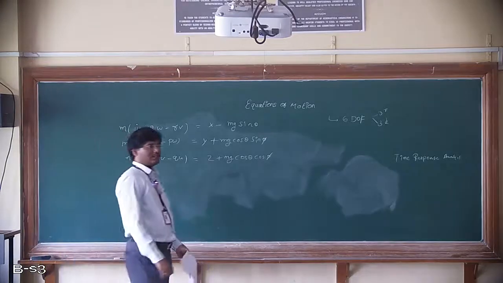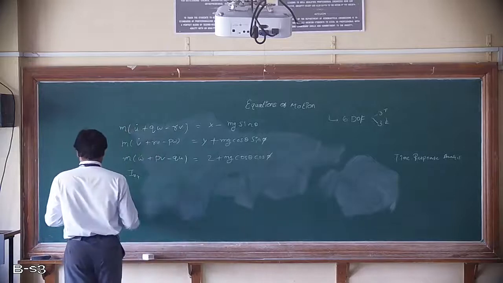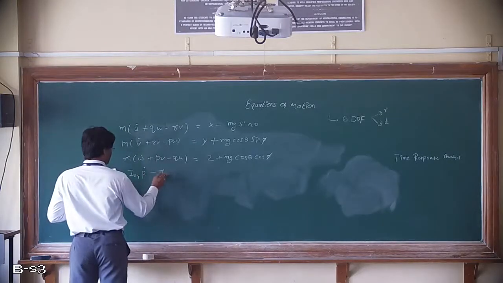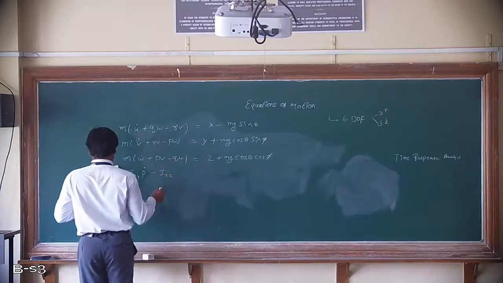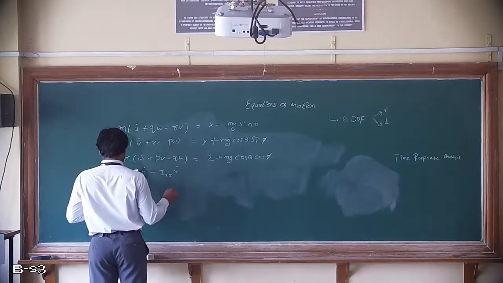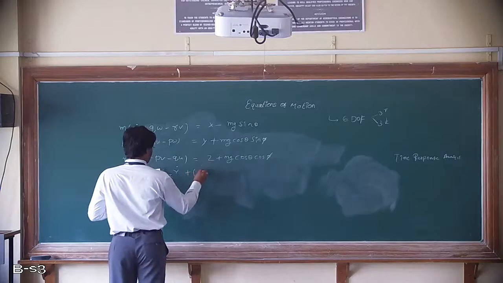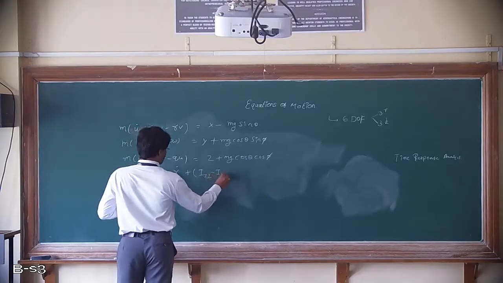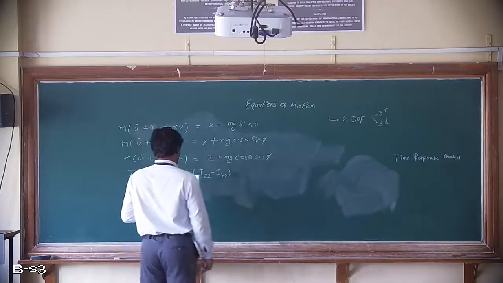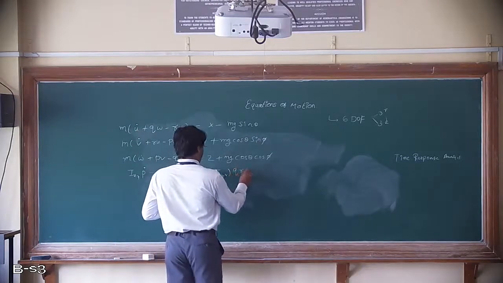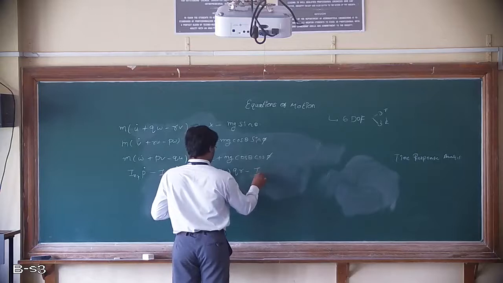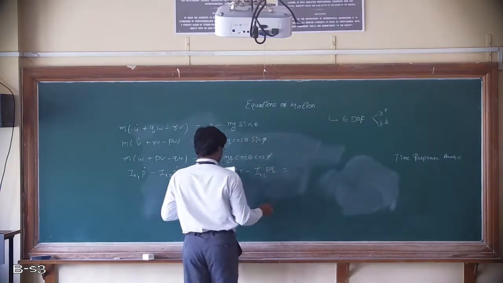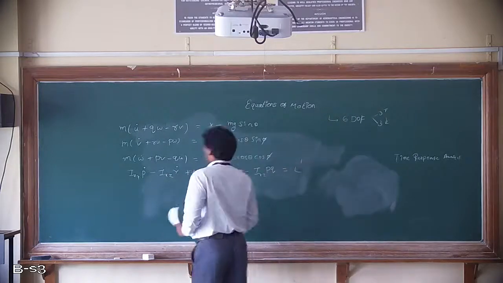Next three equations are moment equations. So we get Ixx P dot minus Ixz R dot plus Izz minus Iyy QR minus Ixz PQ is equal to L prime, which is nothing but the rolling moment.